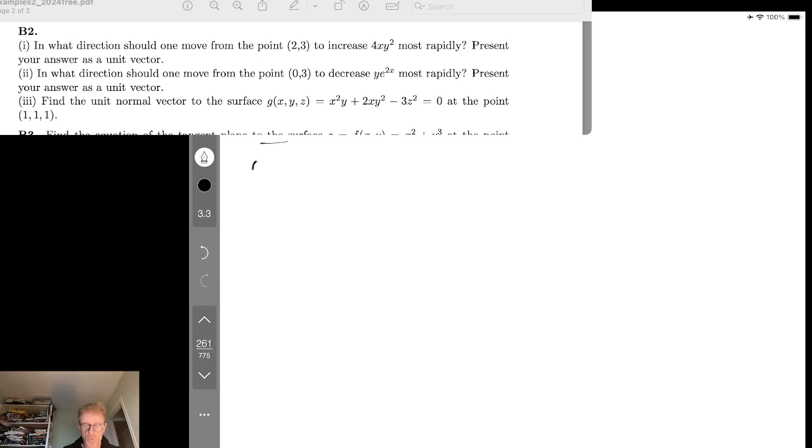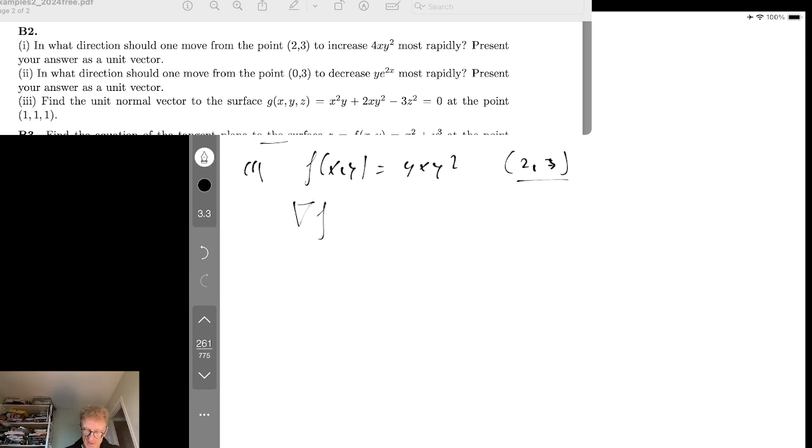So 1, we have a function f(x, y) is 4xy squared in a point (2, 3), and then in which direction is f in the point (2, 3) increasing most rapidly.